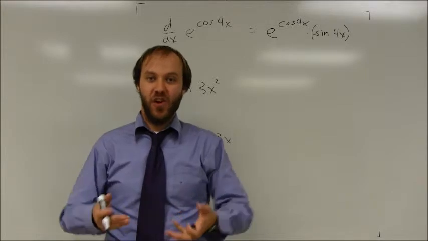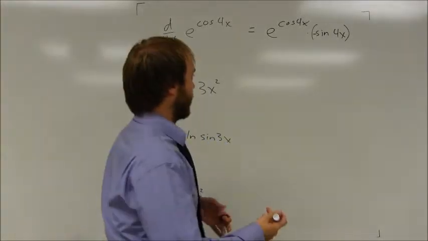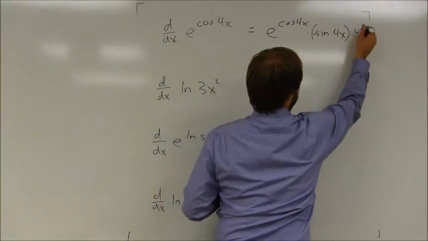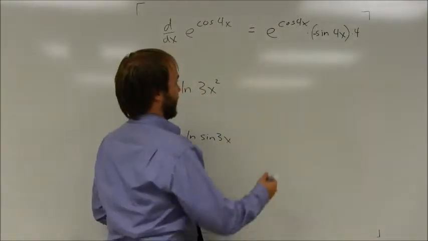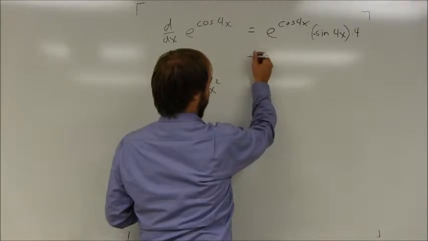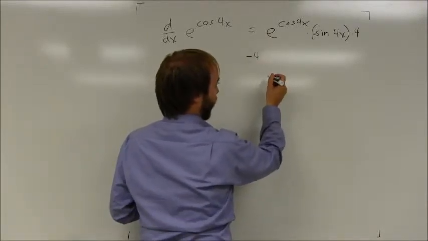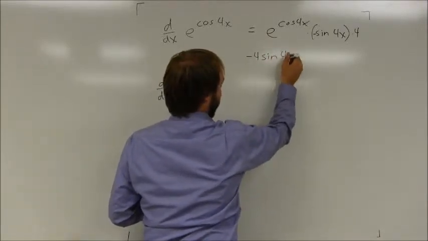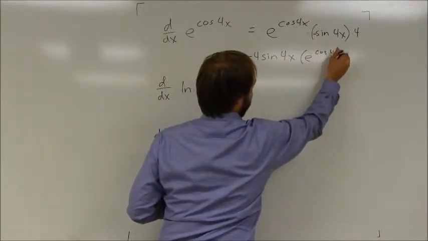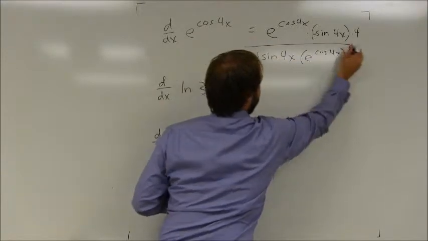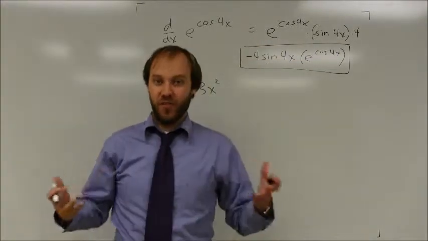Inside function is 4x. So I have to multiply by the derivative of that inside function as well, and we end up with that. Now, you probably want to write this in a more organized manner. Probably something like negative 4 sine of 4x times e to the cosine of 4x.